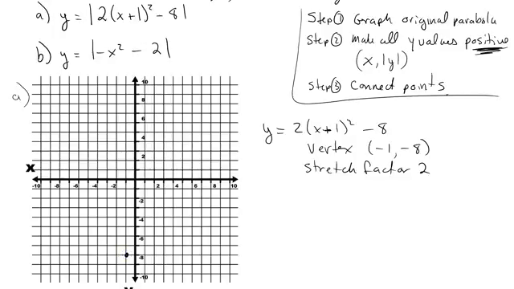I'm going to create my parabola from there. I usually will go over 1, up 1. We have a stretch factor of 2 here. So I'm going to go over 1 and up 2. And usually I would go over 2 and up 4, but I'm going to go over 2 and up 8. And we would usually go over 3 and up 9, but we're going to go over 3 and up 18.